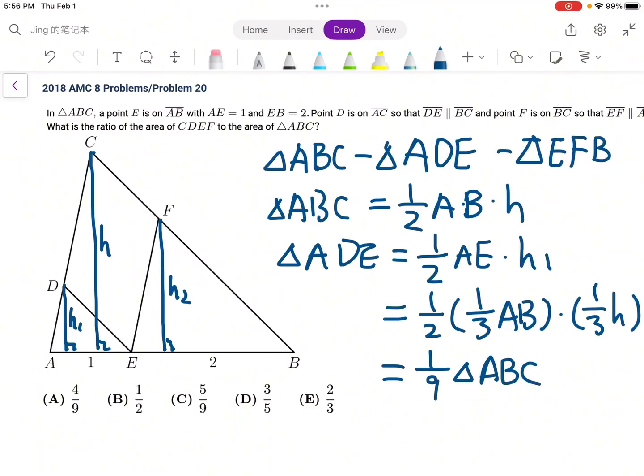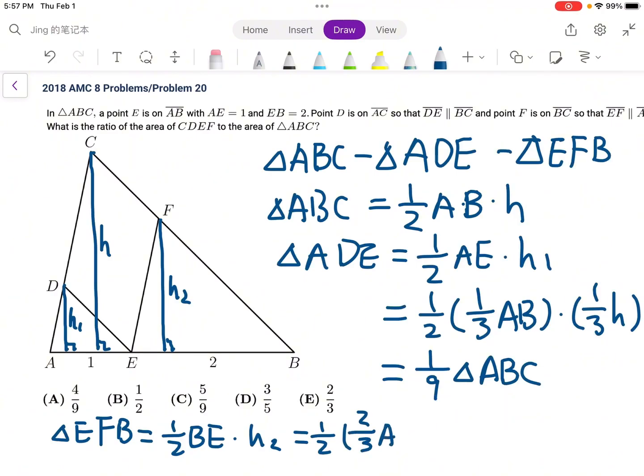Similarly, we can get that the area of triangle EFB equals 1/2 BE multiply H2, and that's 1/2 multiply 2/3 of AB multiply 2/3 of H. It equals 4/9, the area of triangle ABC.